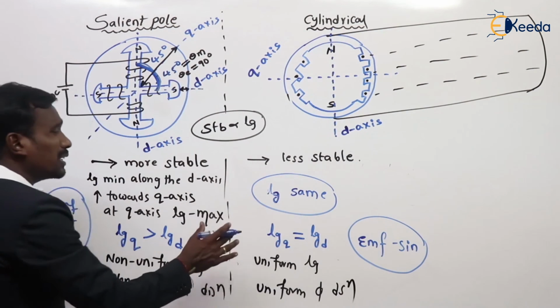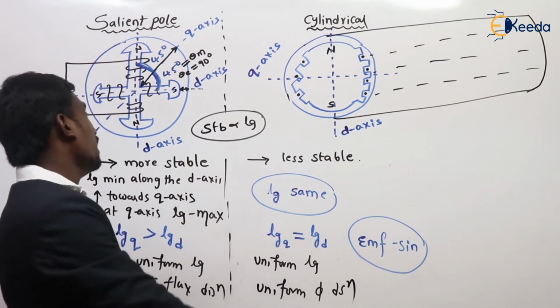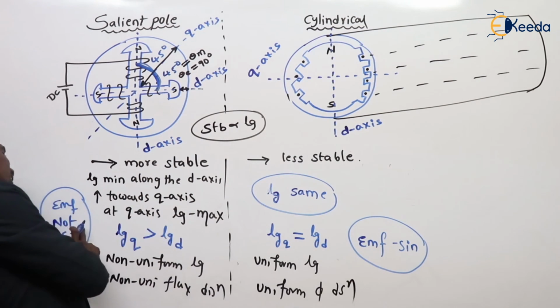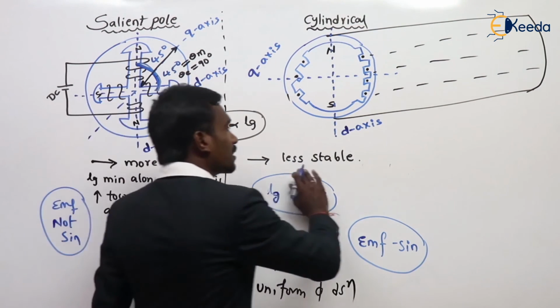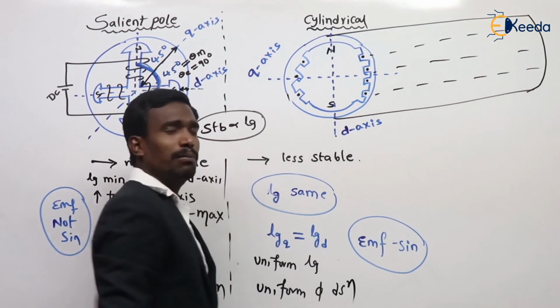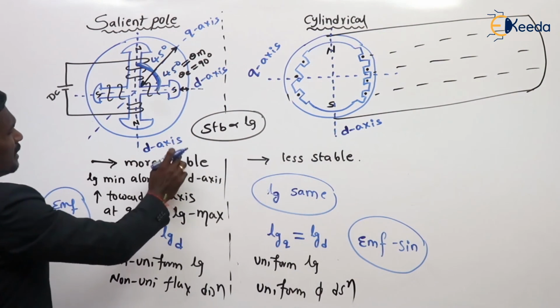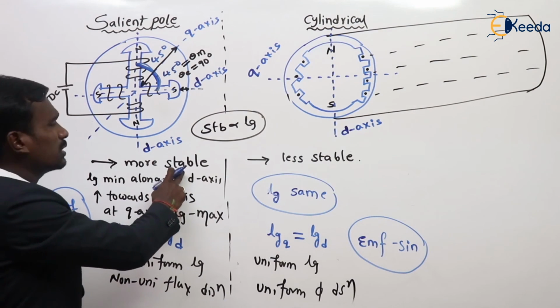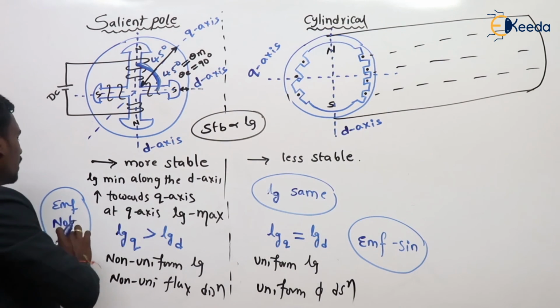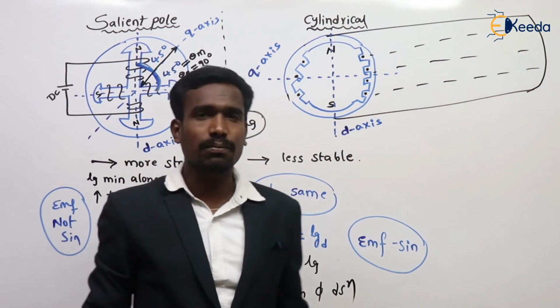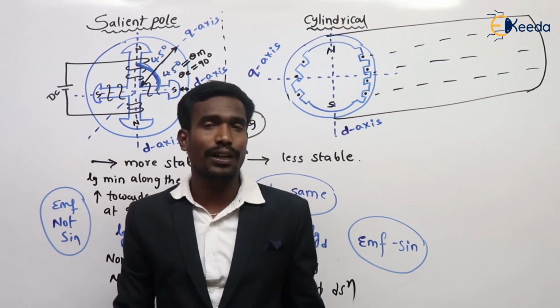This is about EMF. Here stability is more, but EMF is not sinusoidal. Here stability is less, but EMF is sinusoidal. So here stability is the good symptom, but EMF is the bad symptom because it is non-sinusoidal.